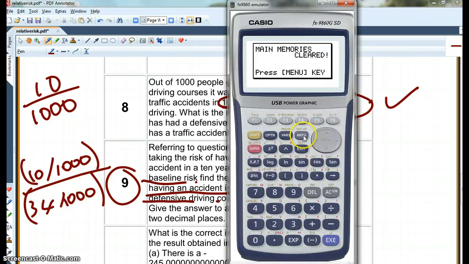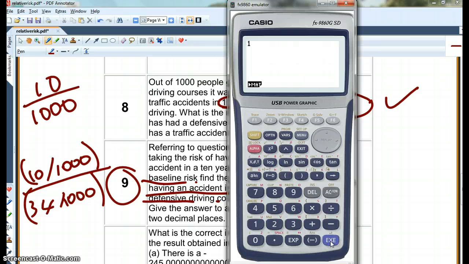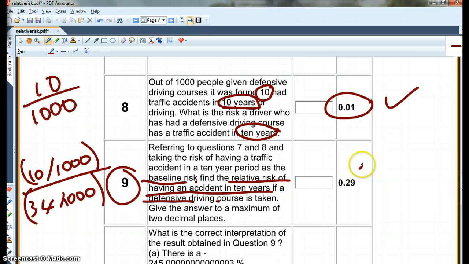So we need to go into run, and we need to go 10 divided by 34 because the thousands cancel. Or you go 10 divided by 1000, and then you divide by 34 divided by 1000. It's just easier to do the brackets. So you've got 0.29. So that's correct there.